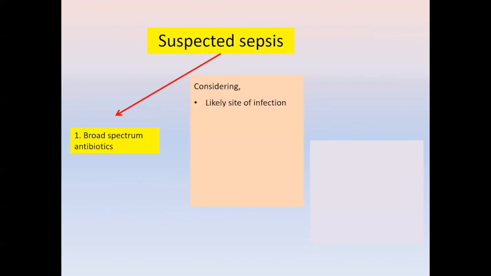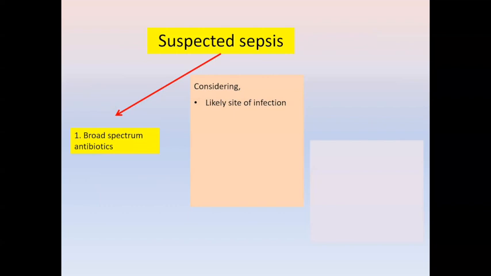So when you suspect sepsis, you have to start broad spectrum antibiotic. So what do you consider when you start this so-called broad spectrum antibiotics? You have to consider likely site of infection, because anything will not cover everything.